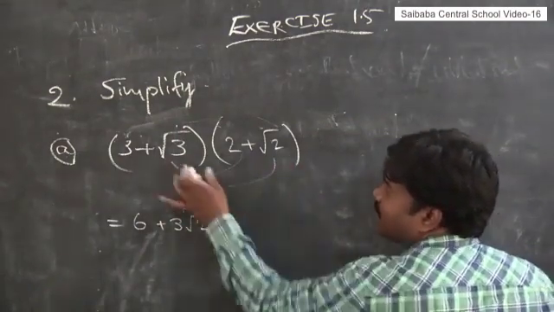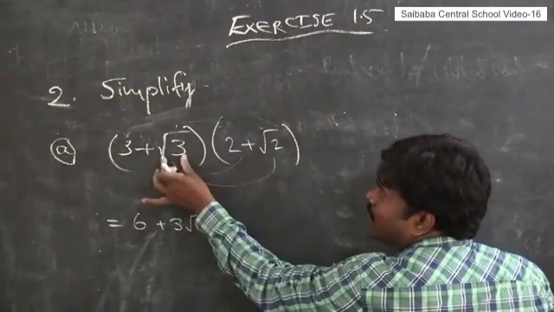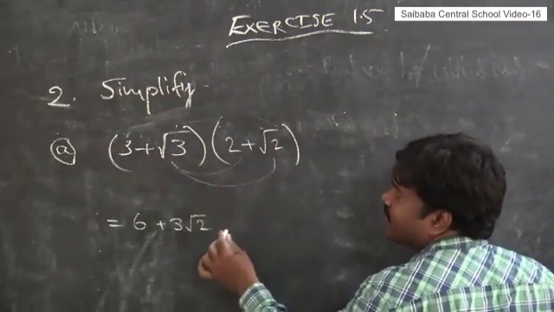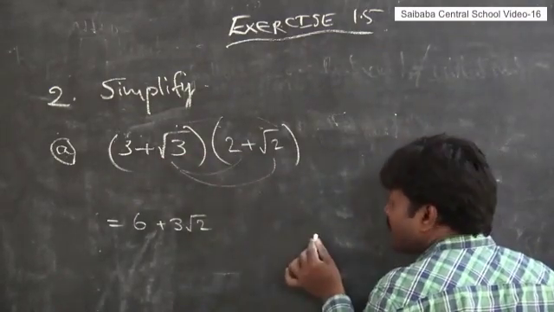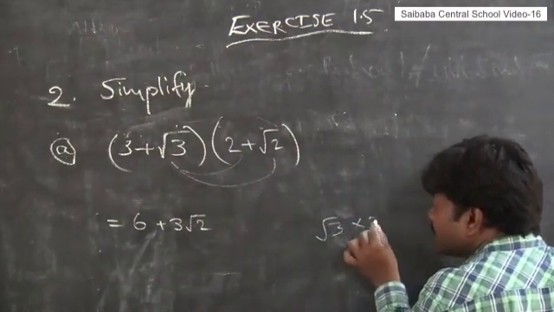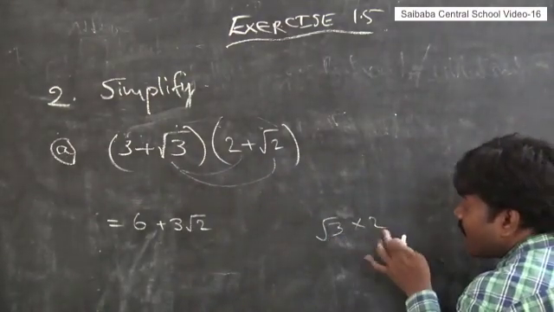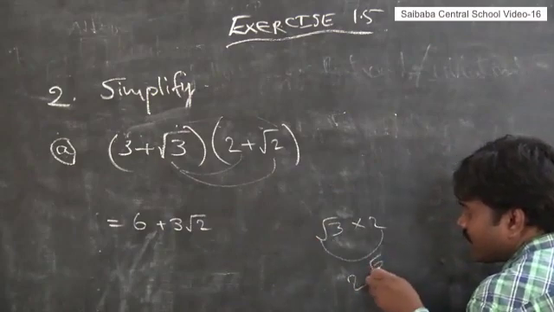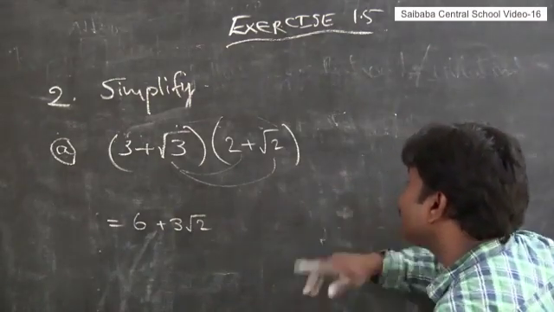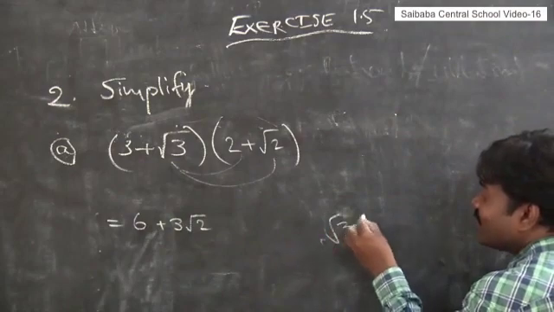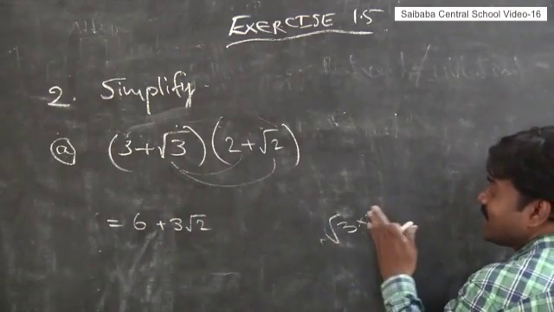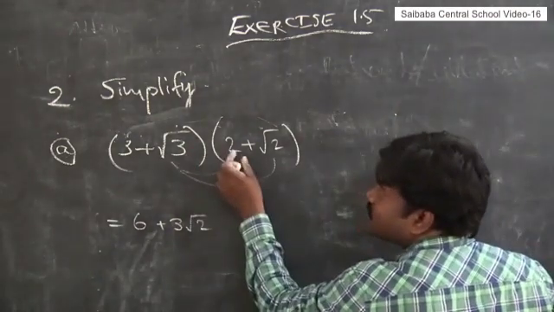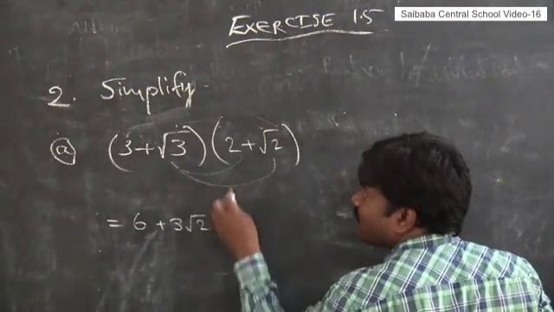Root 3 into 2: we always write the rational part first, so write 2 root 3. Don't write root 3 of 2 like this. Root 3 into 2 means 2 root 3.